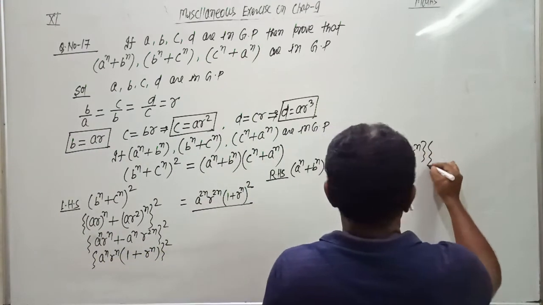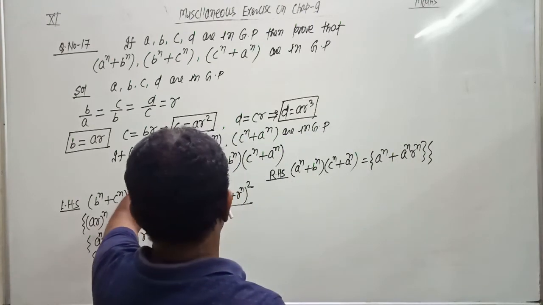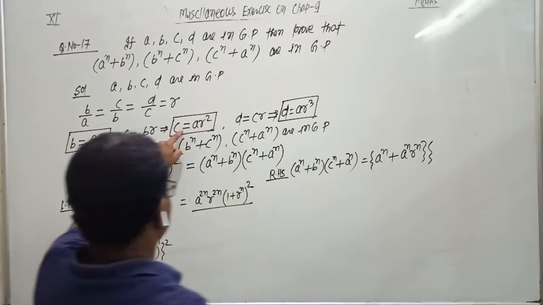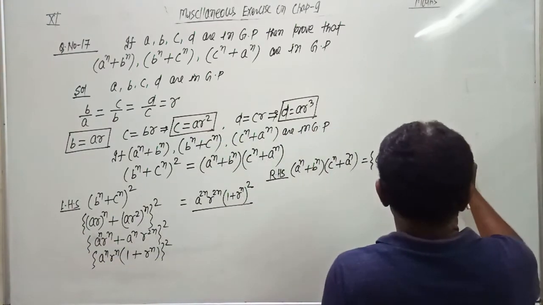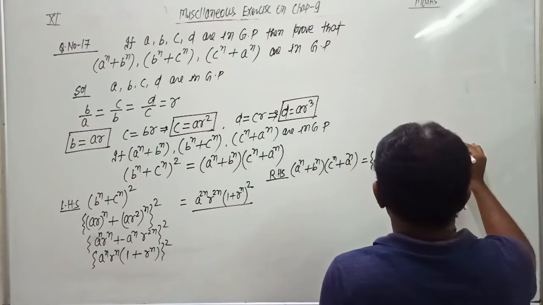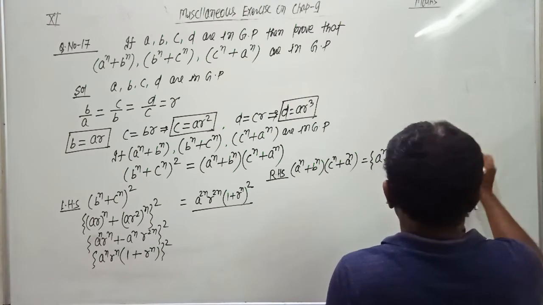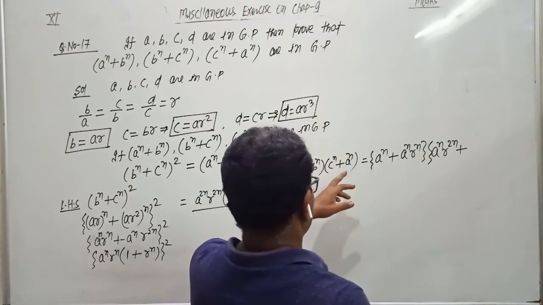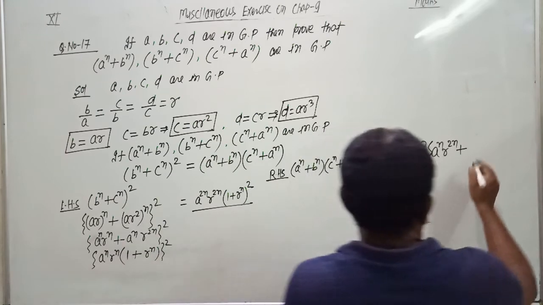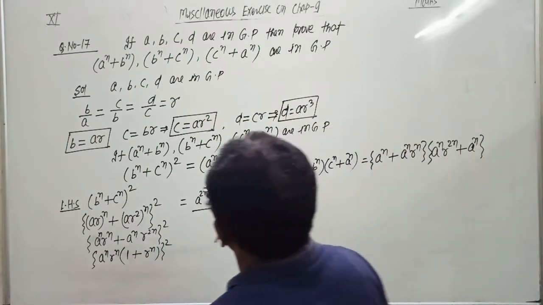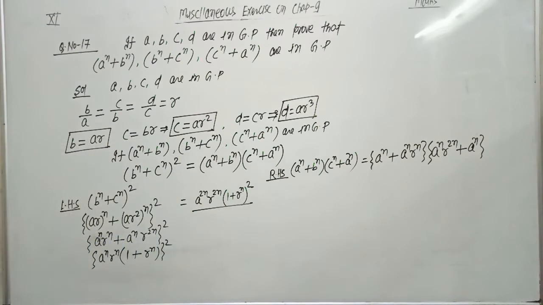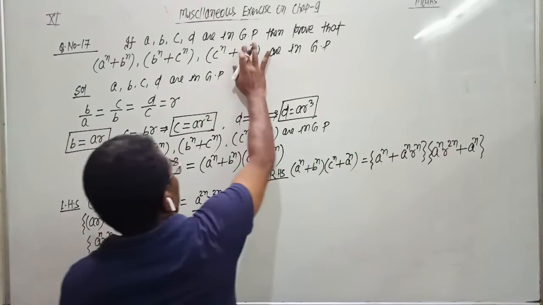Now the value of C is AR square, and C raised to the power n we get A raised to the power n into R raised to the power 2n, plus D raised to the power n.